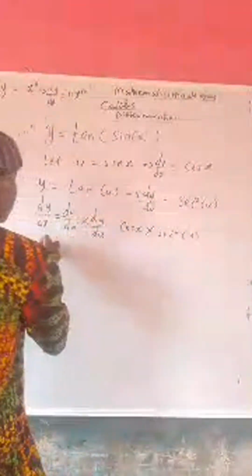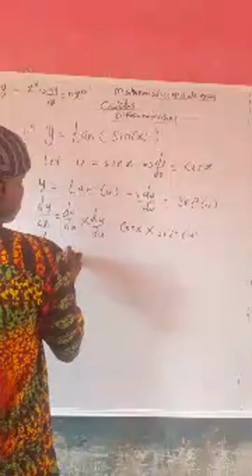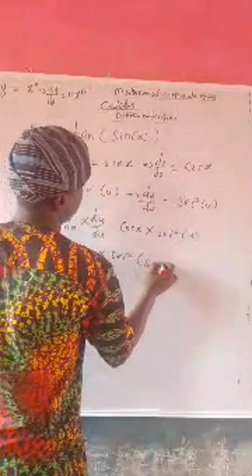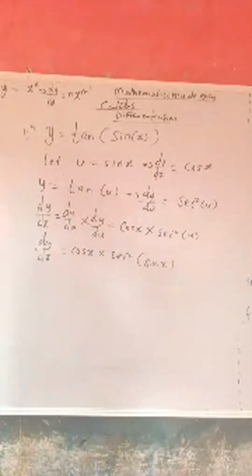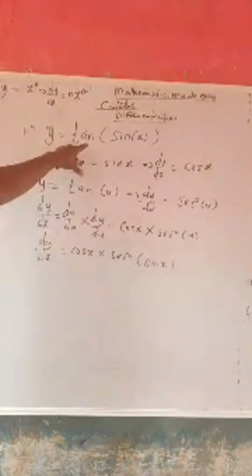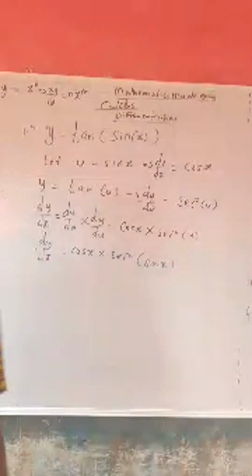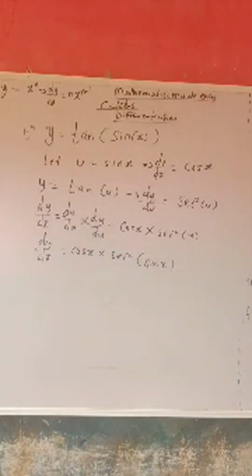We're going to have dy over dx equals cos x multiplied by sec squared sine x. And that is the answer. If we differentiate tan sine x, we have cos x sec squared sine x. I hope we are together.